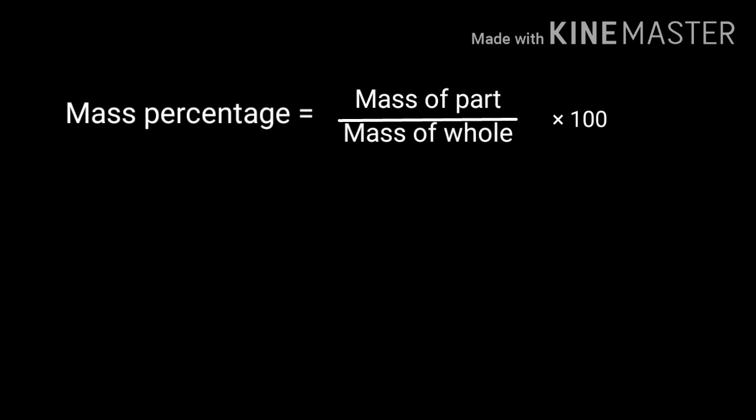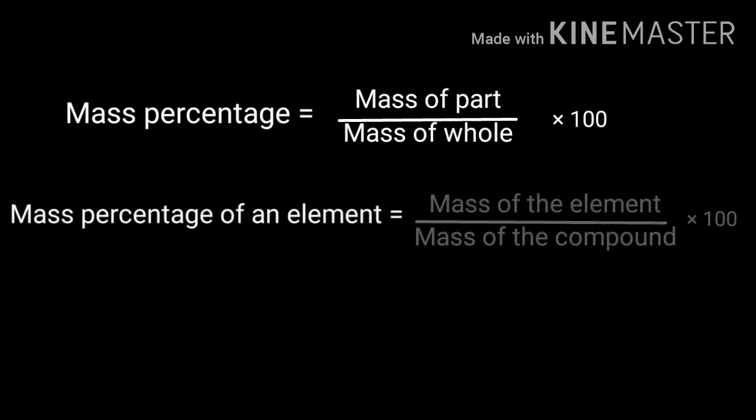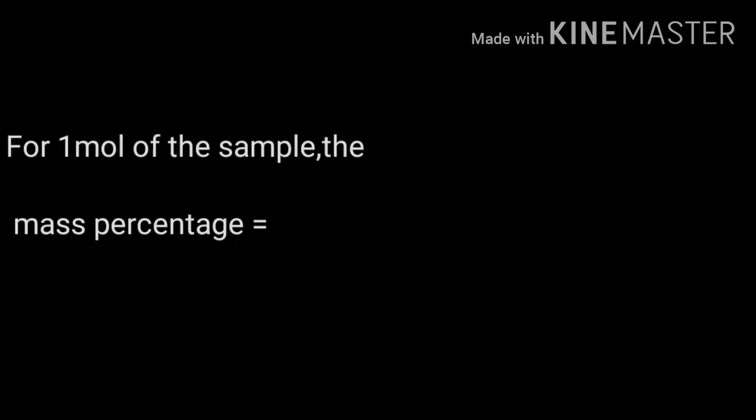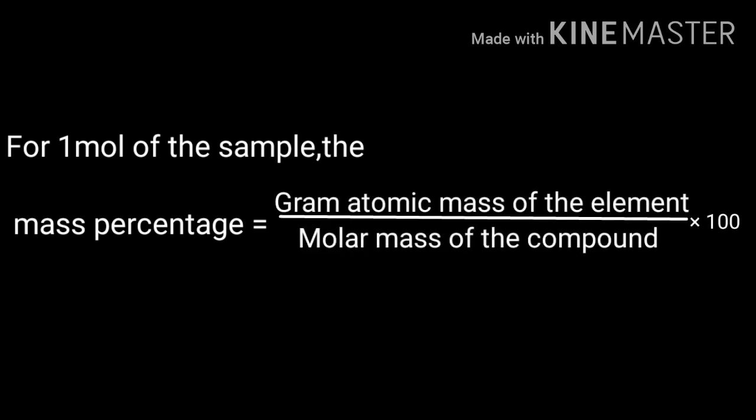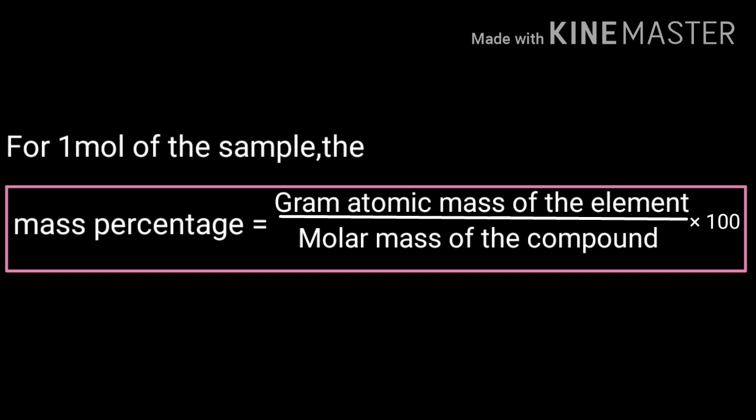If so, mass percentage of an element in a compound will be equal to mass of that element in the compound divided by mass of the compound into 100. If 1 mole sample of the compound is considered, mass percentage of an element will be equal to mass of that element in the compound divided by molar mass of the compound into 100.